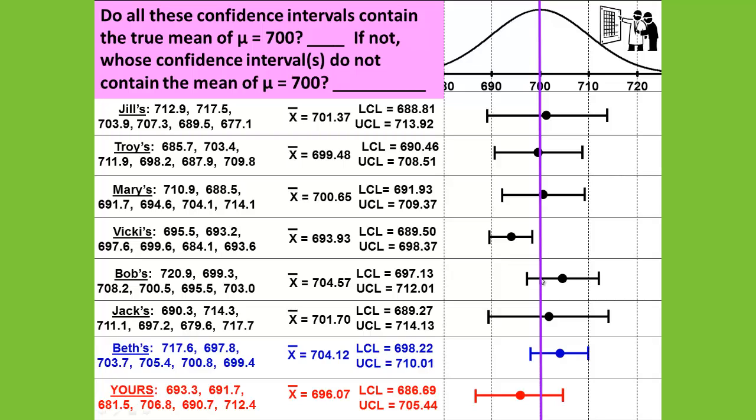Bob's interval does. Jack's does. Beth's does. And yours does. So you have the information you need to answer: do all of these confidence intervals contain the true mean of 700? And if not, whose confidence interval or intervals do not contain the mean of 700?